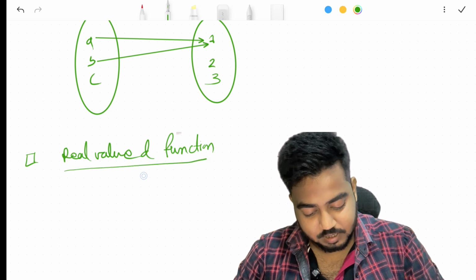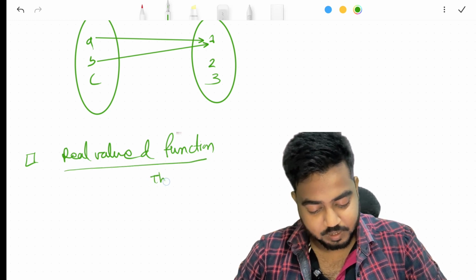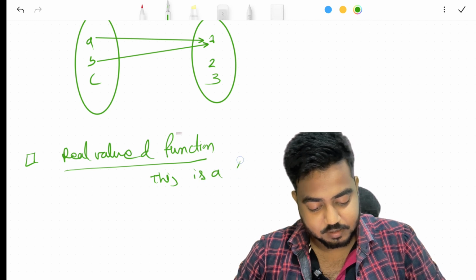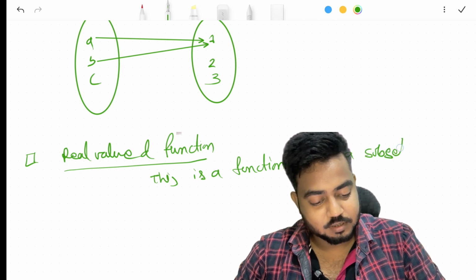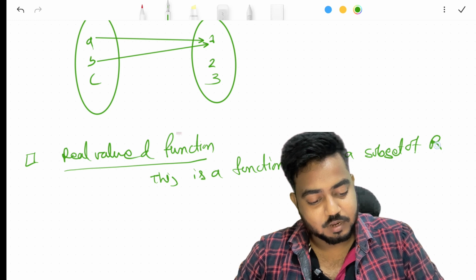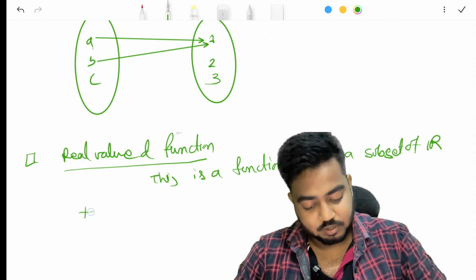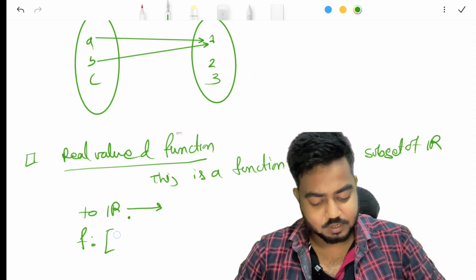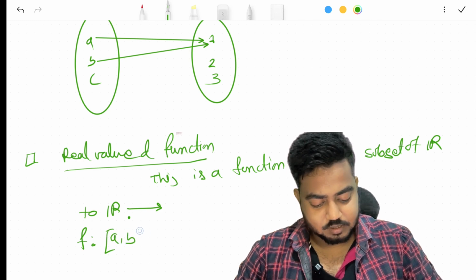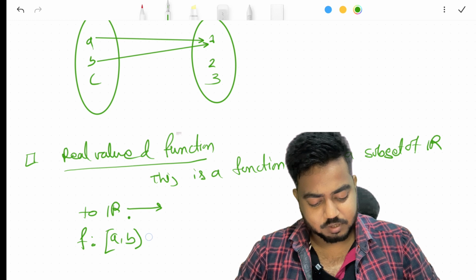A real valued function is a function from a subset of R, the real numbers, to R. We can denote this as f from any kind of subset to minus infinity to infinity. This is a function.